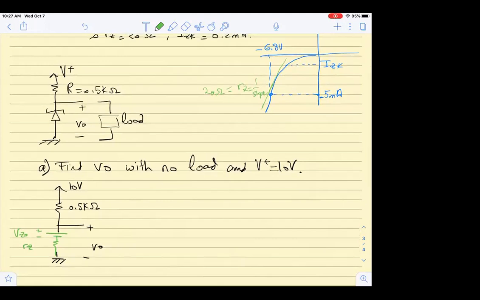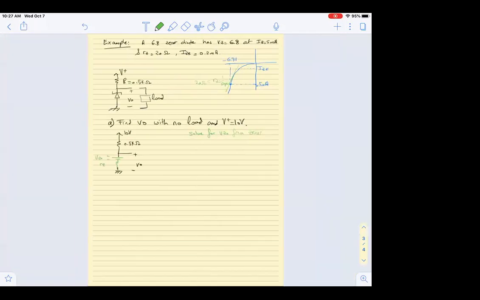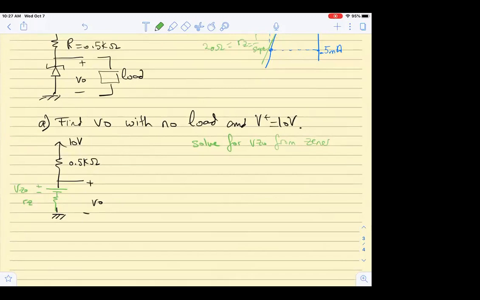We have everything except VZ0. We find it from the characteristics of the Zener diode, since it gave me points. Let us see what he gave me.